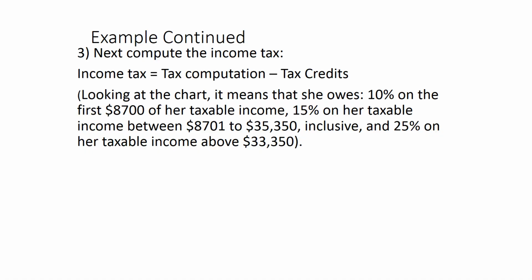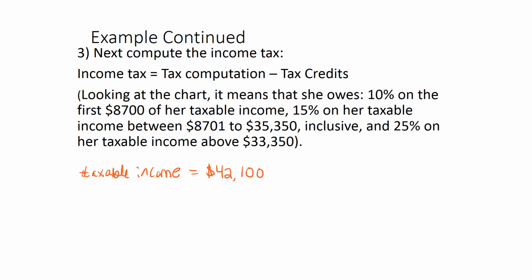And next we'll compute the income tax. Income tax is the tax computation minus tax credits. So remember, we're going to go back to that chart that gives us the tax rates. Let's remind ourselves, the taxable income from the last slide was $42,100.